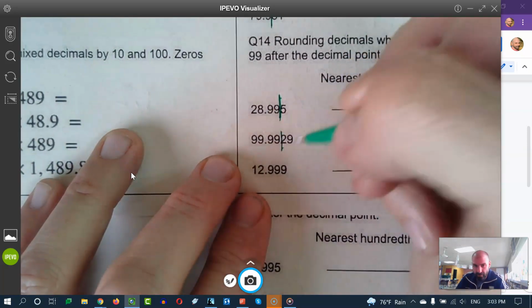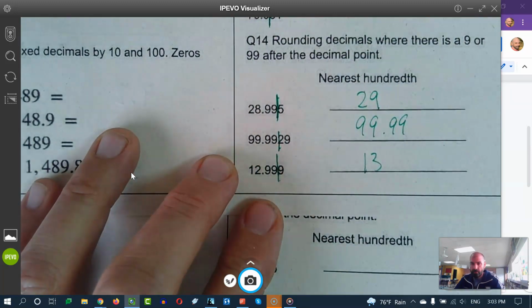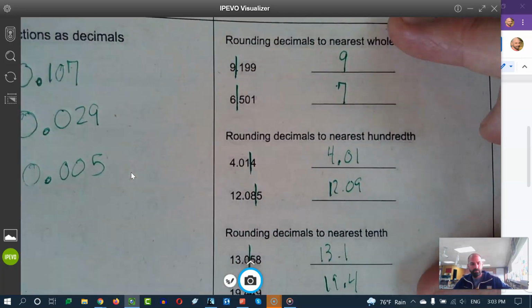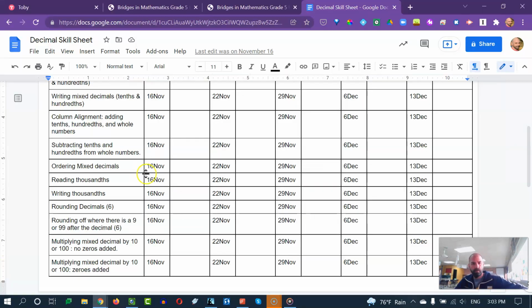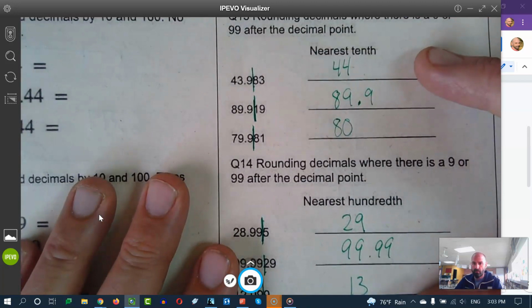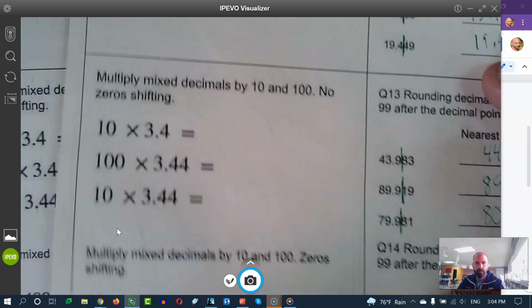Well, that sounds very close to 13, so I really don't have to think too much there. 13. Okay, so again, these six, if you forget, is this one right here, rounding decimals. And then the next 6, which are these 6, that's rounding with that 9 there, which is this one right here.